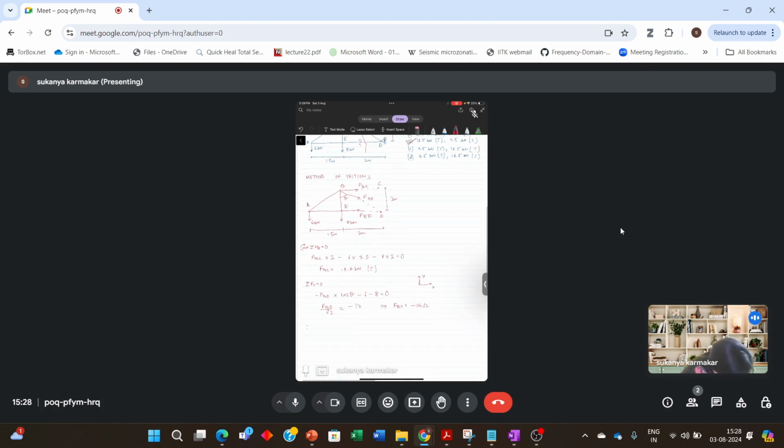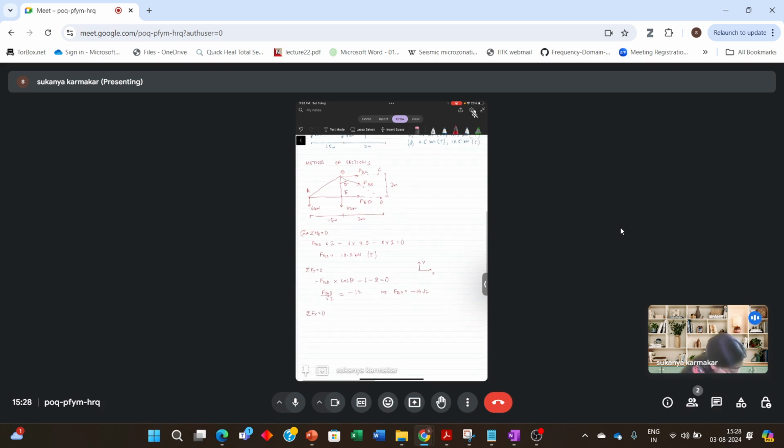Then if you do summation of Fx is equal to 0 on the entire diagram, so FBC plus FBD sin theta plus FDE is equal to 0.